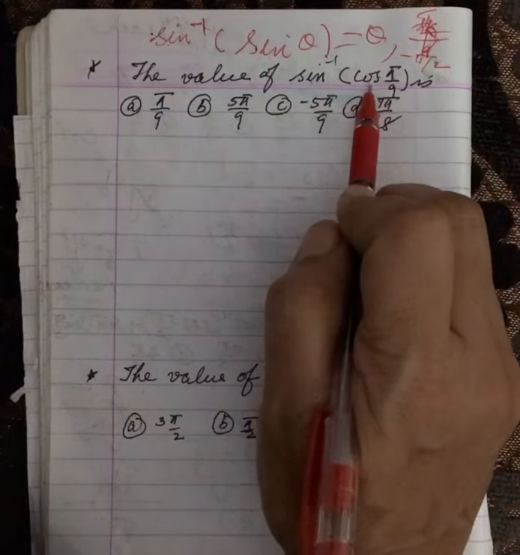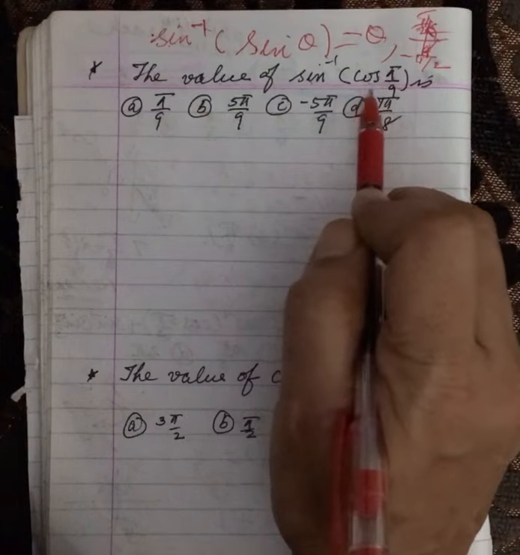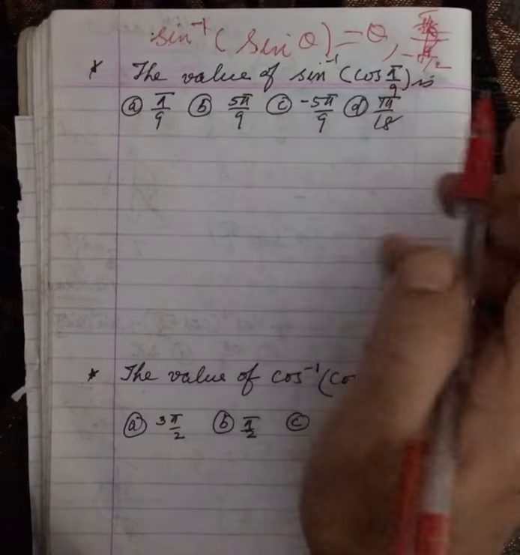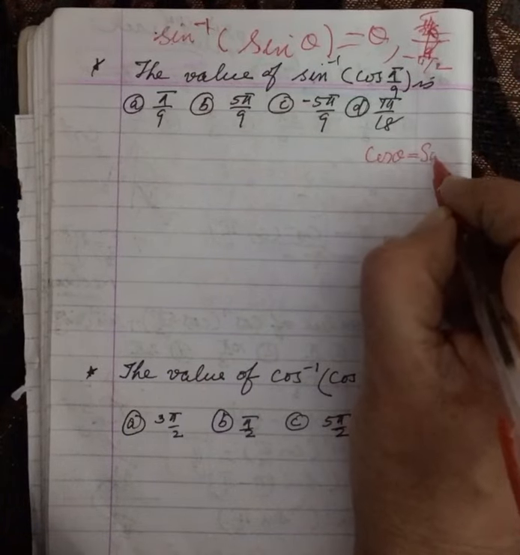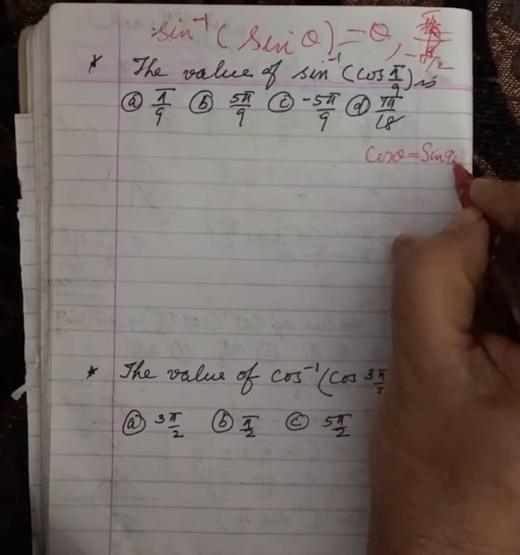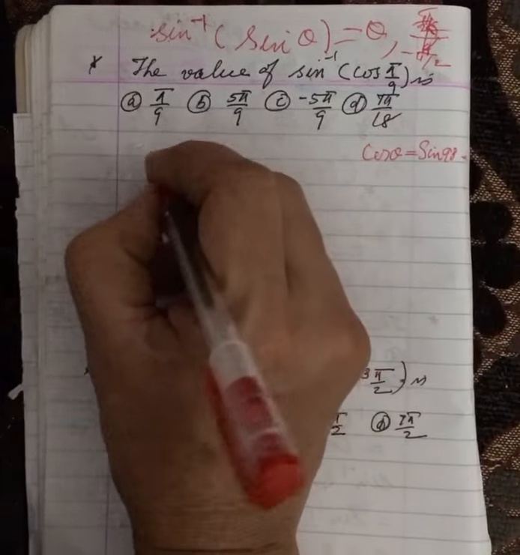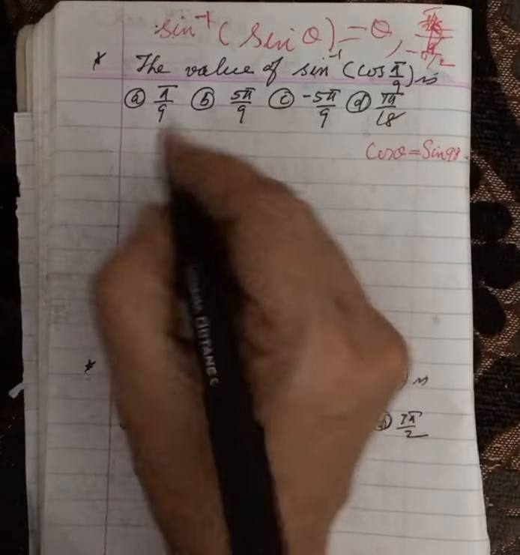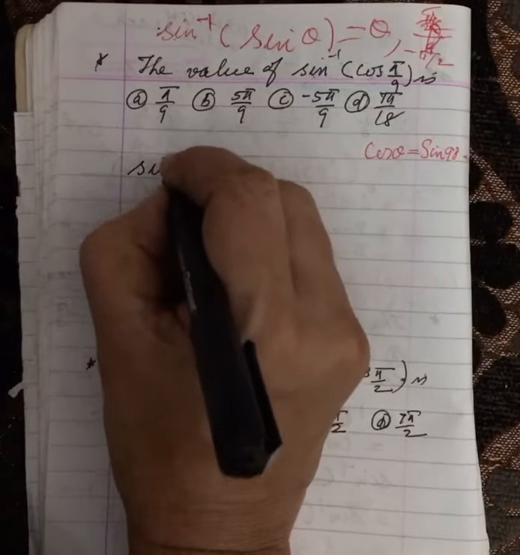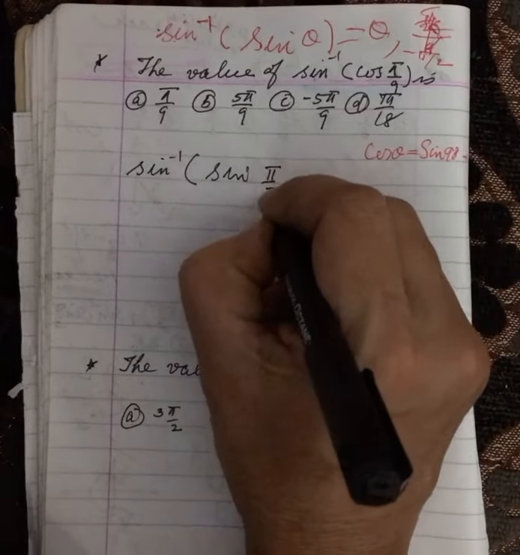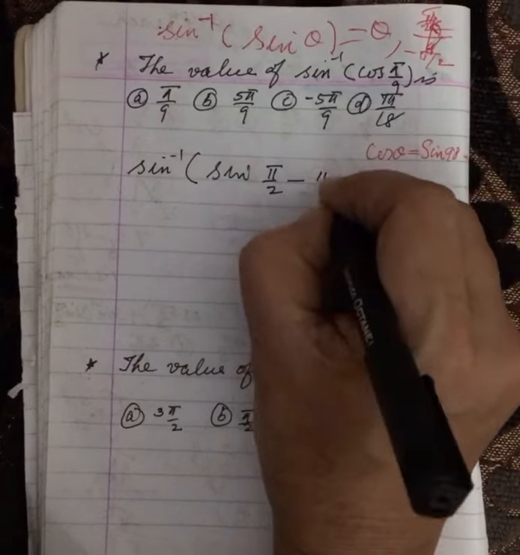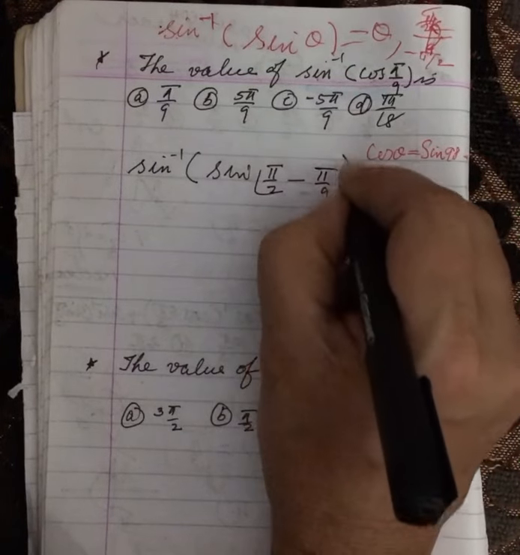Now how to convert cos to sine? You have to apply trigonometry. This is cos theta, and cos theta equals, as you have studied in class 10 also, sine of 90 minus theta. So if you apply that, what do you get? Sine inverse of sine of pi by 2 minus pi by 9, since 90 means pi by 2.